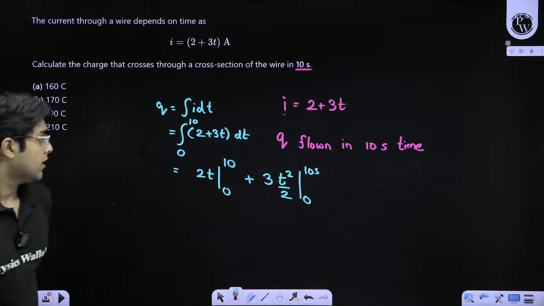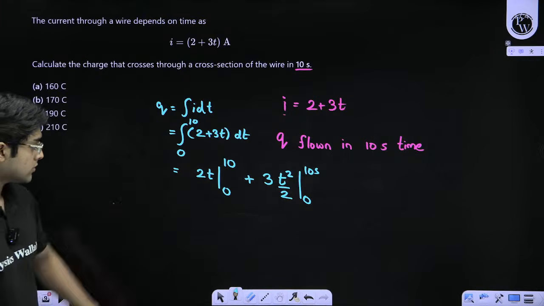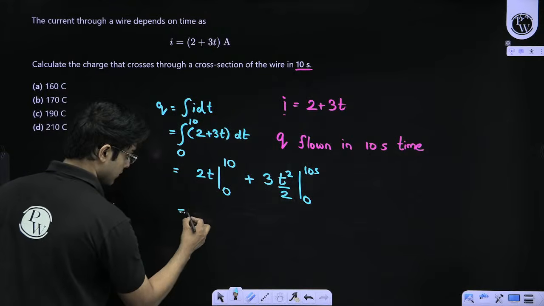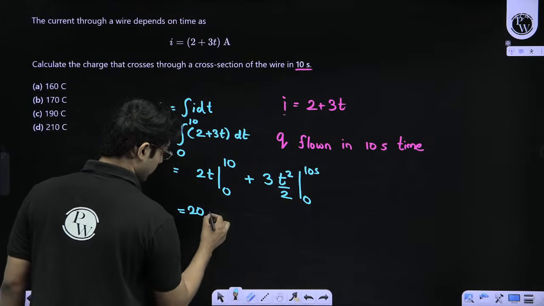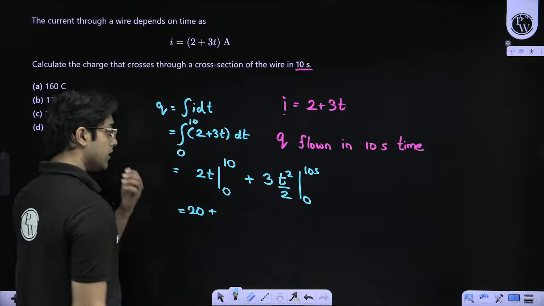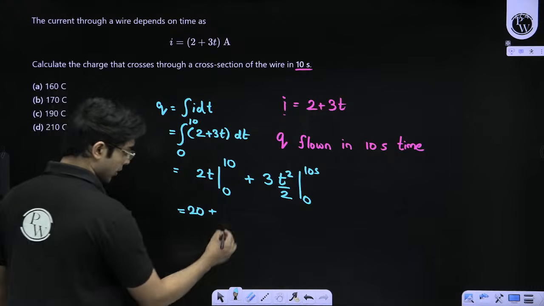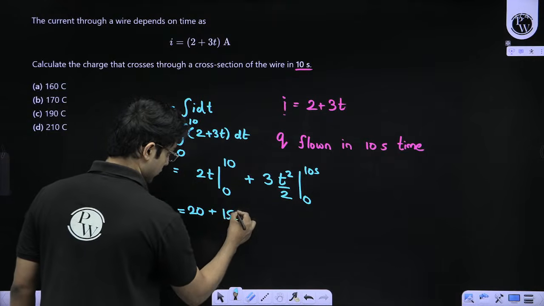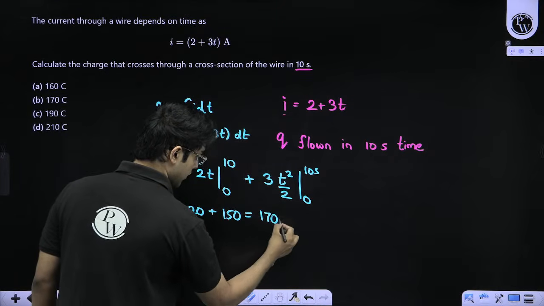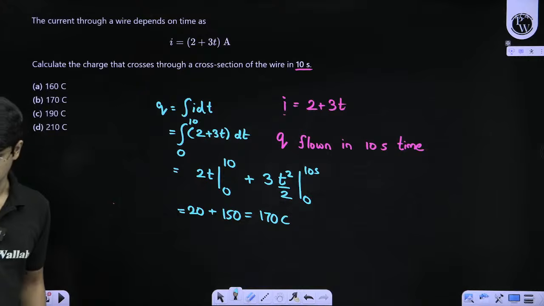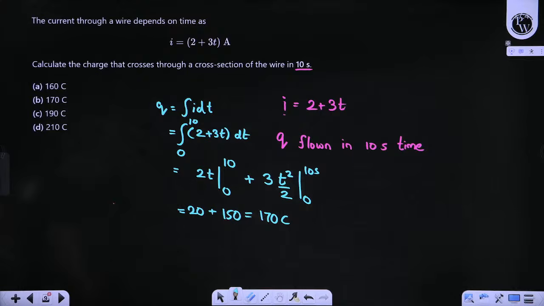Now you can put the upper limit, so this term will be 20, 2 into 10, and this term will be 300 by 2, 150. So that is going to be 170. Unit of charge will be coulomb.